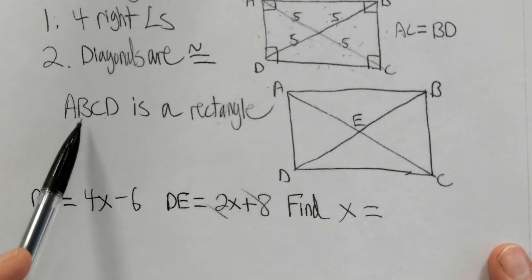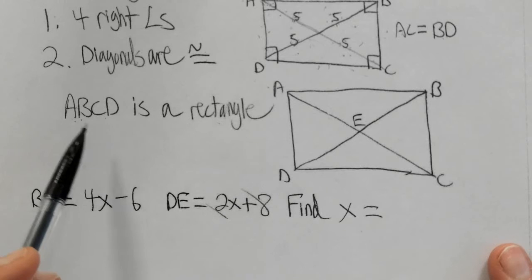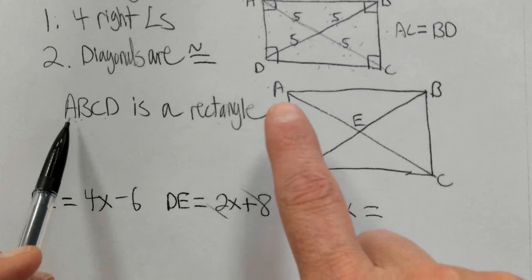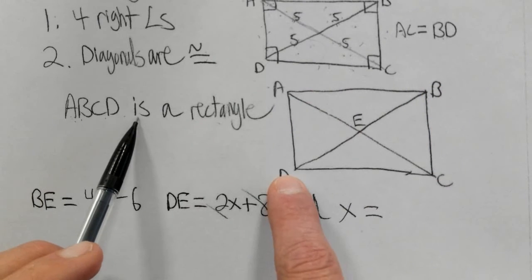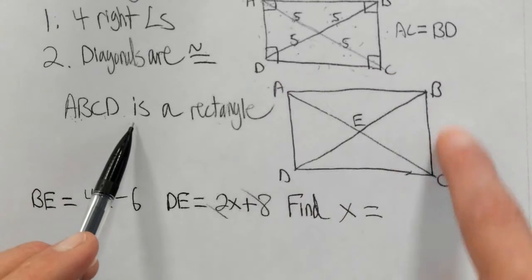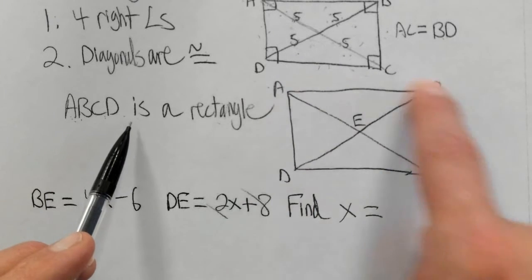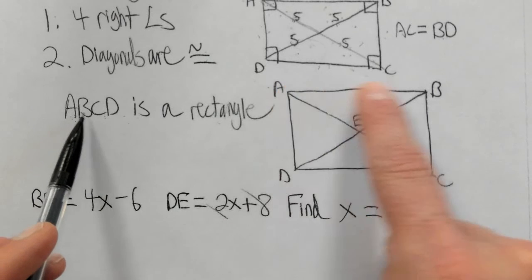this quadrilateral is a rectangle. And by the way, that's the correct way to name a four-sided figure or a polygon in general. You start with one of the vertices, and then you go all the way around in the same direction. So in other words, I'll call this A, B, C, D. It's got to go in the same direction. You could go clockwise or counterclockwise. That's not important. But if you start with A, then you have to go in a certain direction.